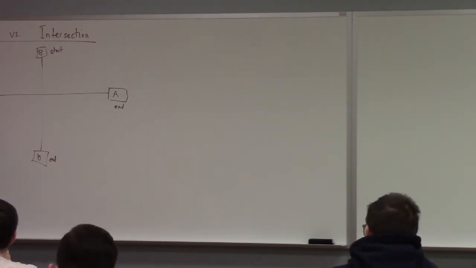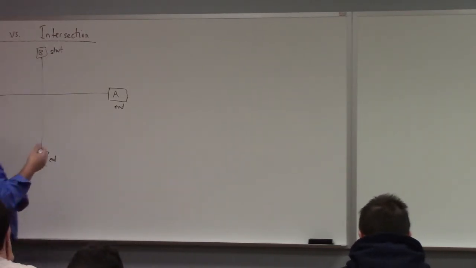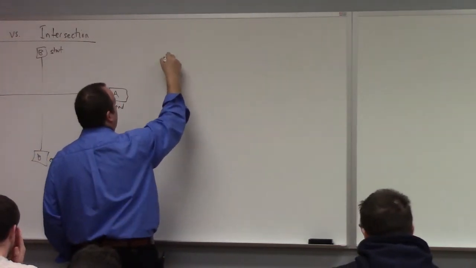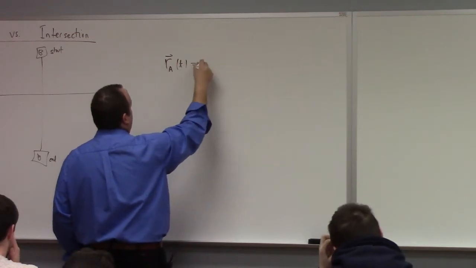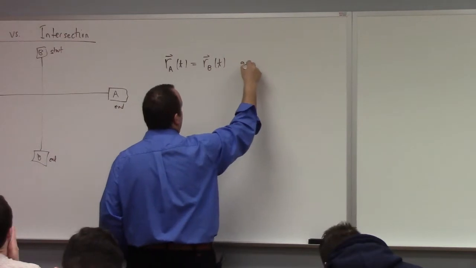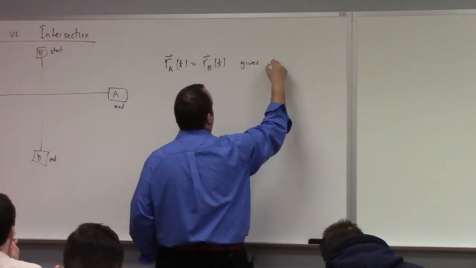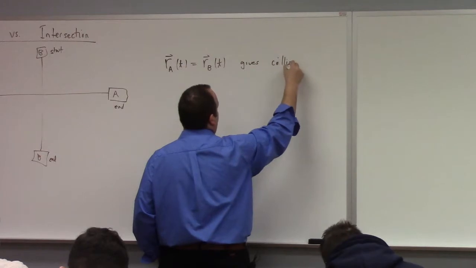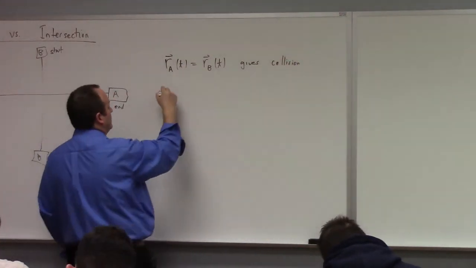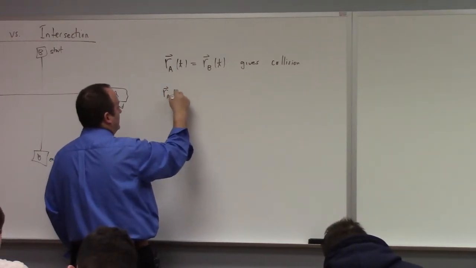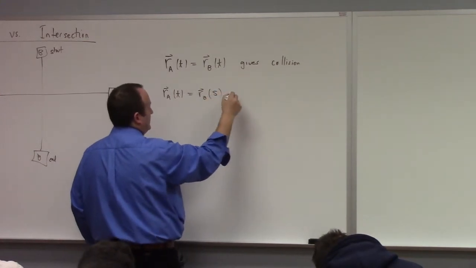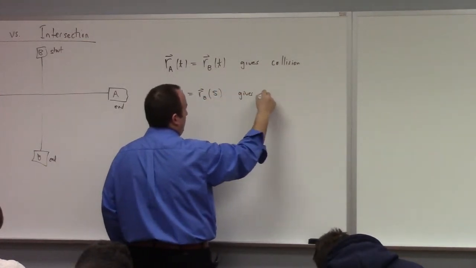Intersection's not such a problem, but if we want to think about that mathematically, we could say R_A of t equals R_B of t gives collision. On the other hand, R_A of t equals R_B of s gives intersection.